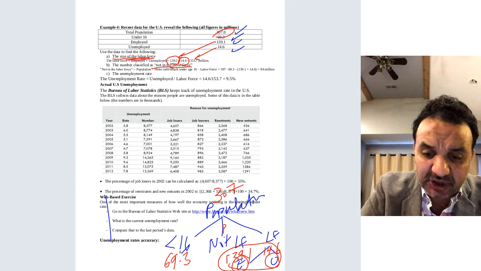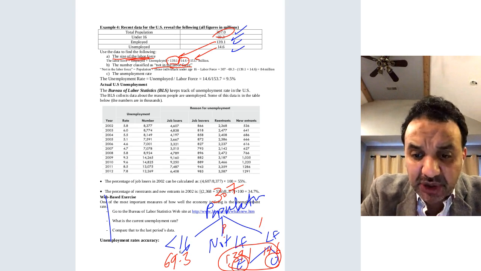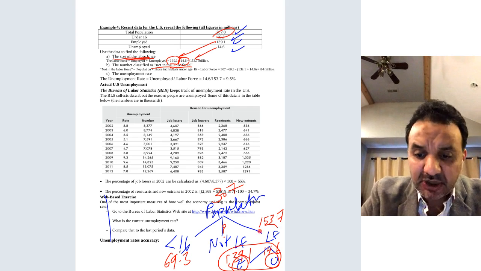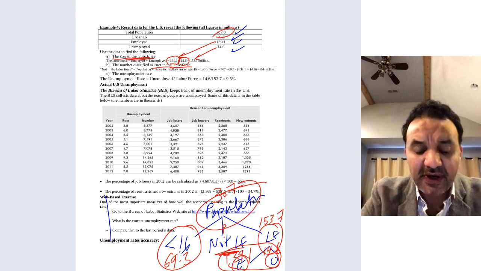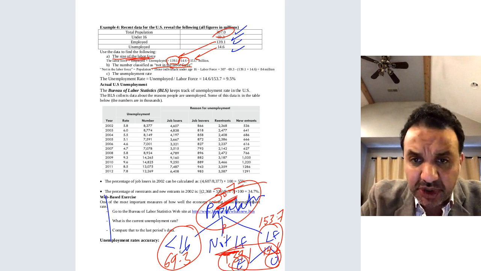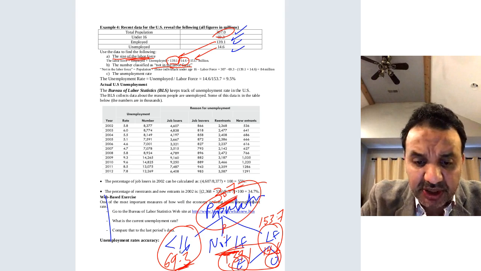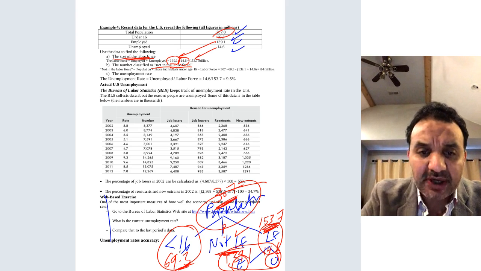Basically, this is question B. From question A, we found that the labor force equals 153.7. So we have the labor force, we have those who are under 16, and we have the total population, so you can easily find those who are not in the labor force.